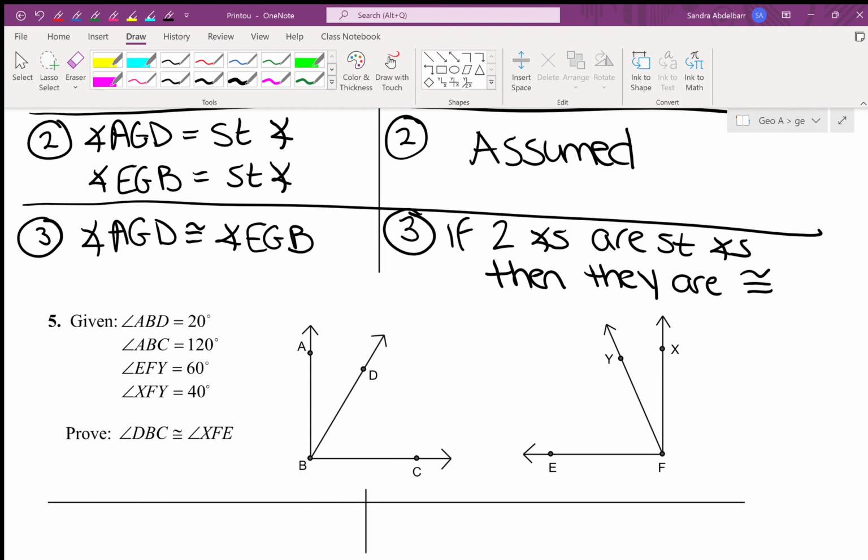Now let's look at what we want. We want the angle DBC, which angle is that? Can you find a number for DBC? So we try to find angle DBC. What did you do when you had that 100?